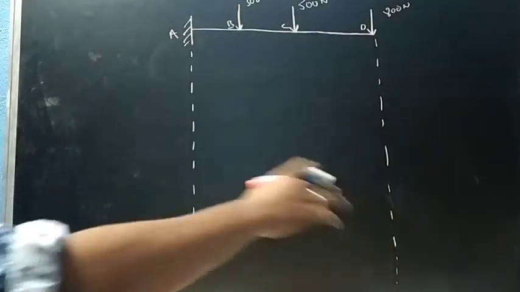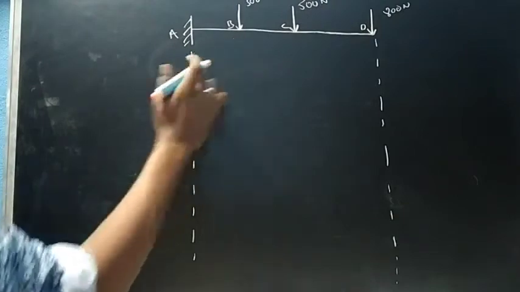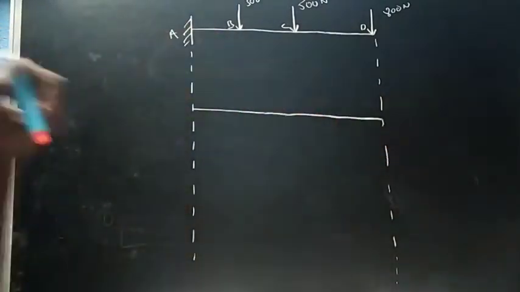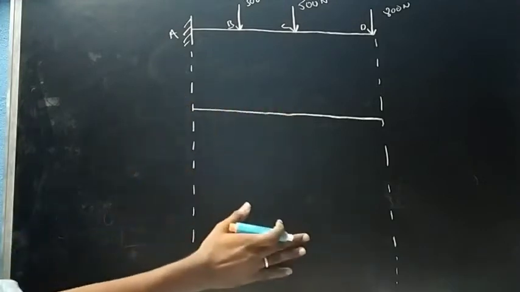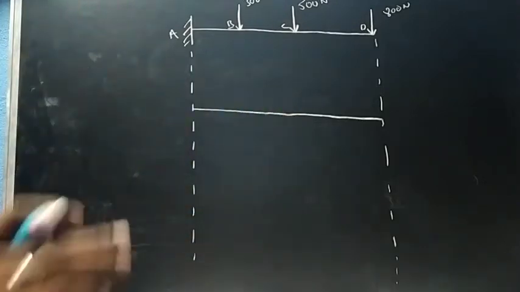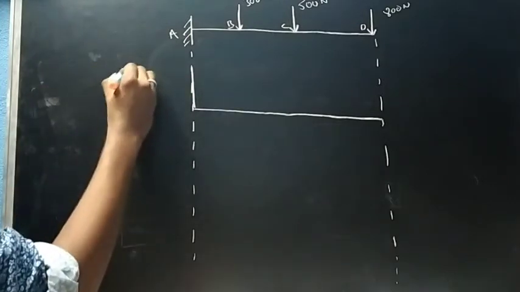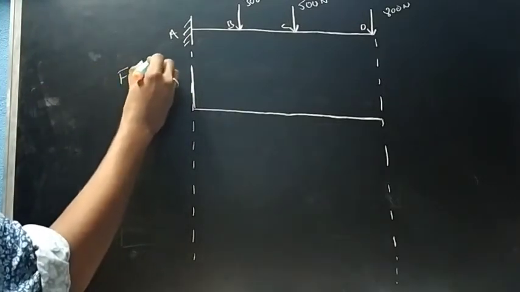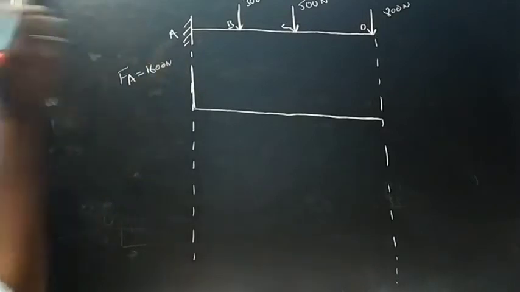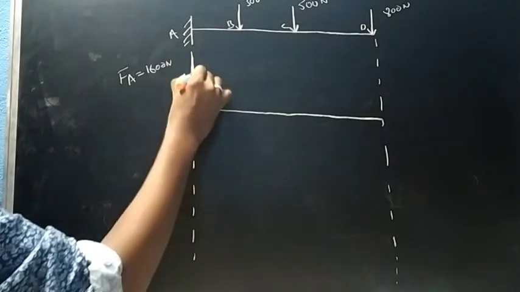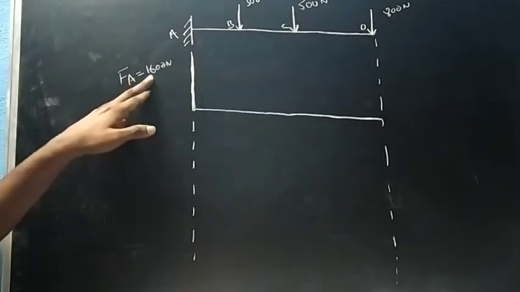It should be straight. Next, draw the baseline for shear force. First we'll draw shear force, then bending moment. So we got the value at FA, that is FA equals 1600, right? 1600, that means it has to raise till 1600, which is positive.